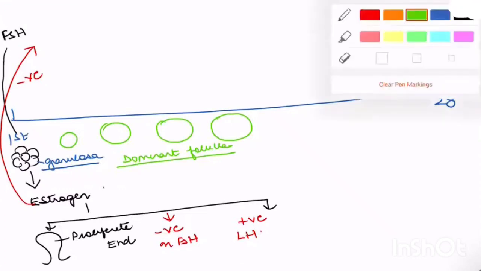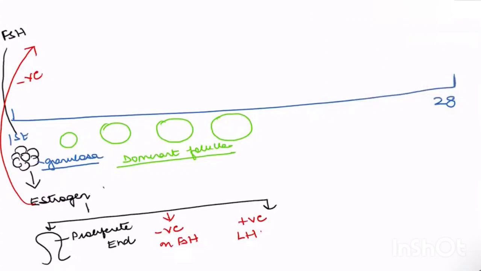Now, because estrogen has a positive feedback on LH, so the levels of LH will suddenly increase. There is sudden increase in LH, which is called as LH surge. So the levels of LH will suddenly increase, and that is called as LH surge.